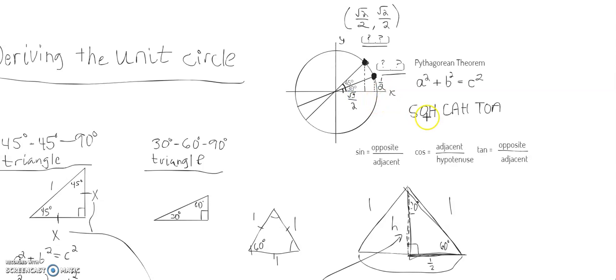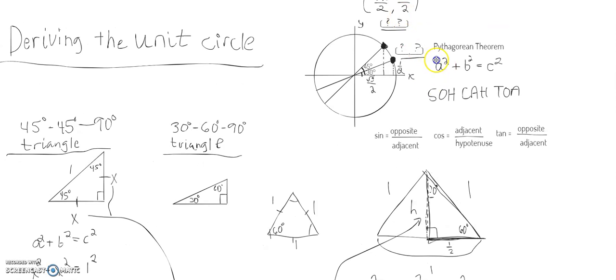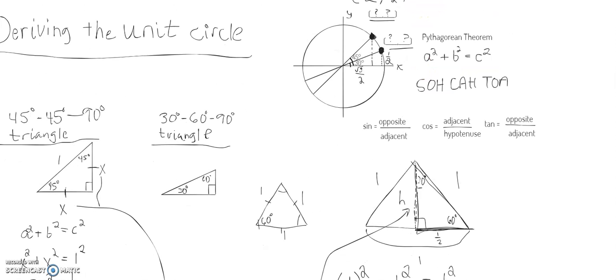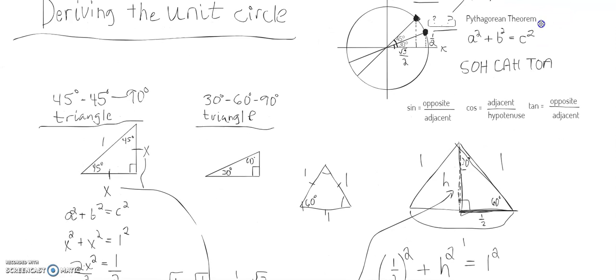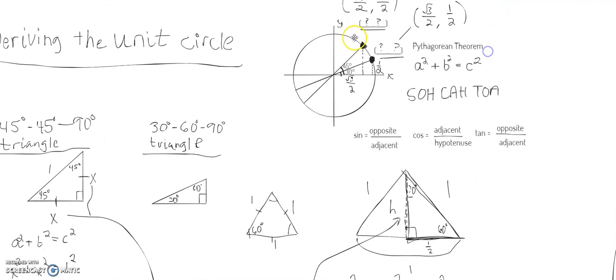So square root of 3 over 2 there. With these 2 values, we've derived the point right here. This point is root 3 over 2, comma 1/2.